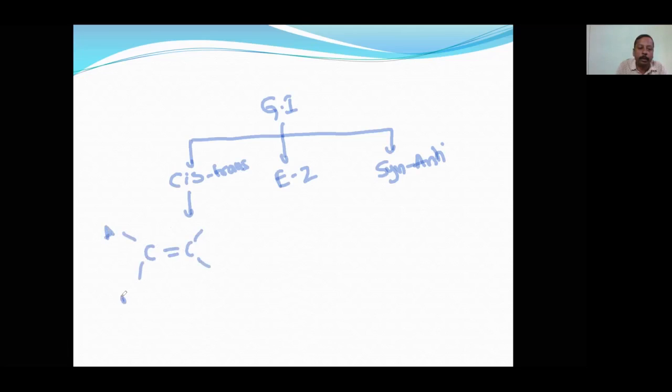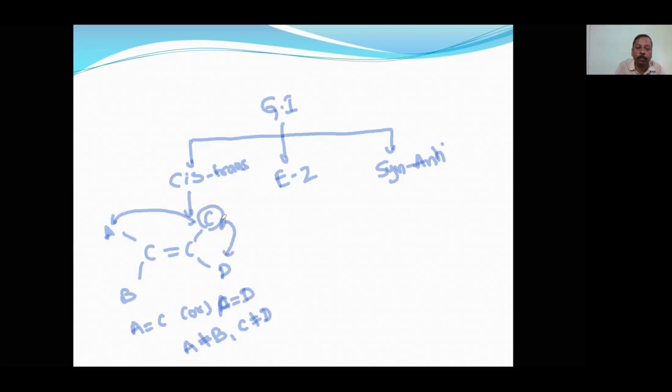A, B, C, D. Either A should be equal to B, or C should be, sorry, A should be equal to C, on this carbon, or this and this must be the same, or A should be equal to D. But if A is not equal to B and C is not equal to D, I am talking about this carbon atom, not this one.